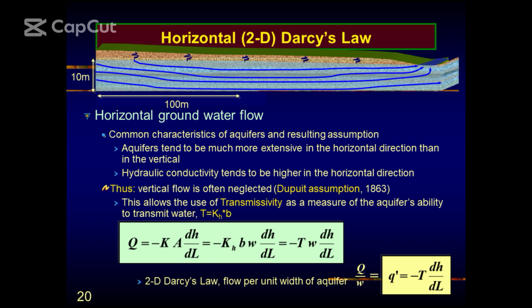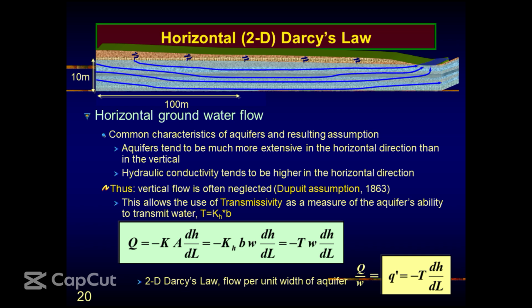K is the ease with which water flows through the void spaces, while the product, KB, determines how the aquifer transmits the water throughout its entire thickness. And that is what is called transmissivity, T. Are you following?